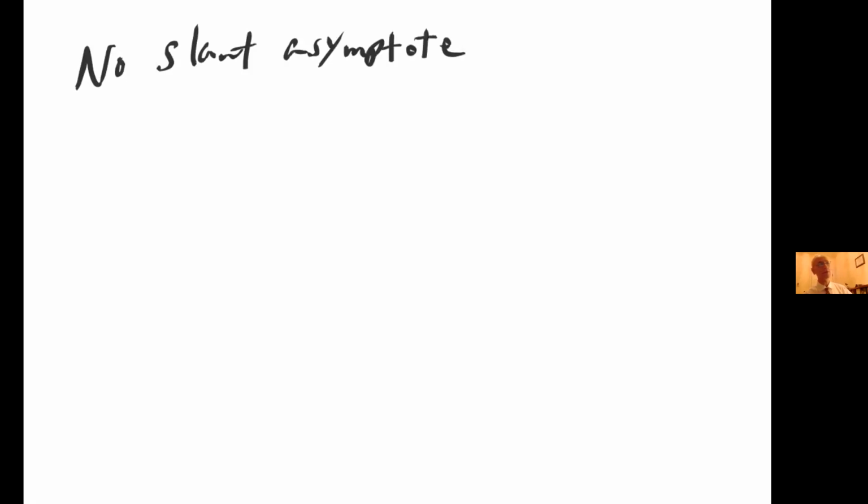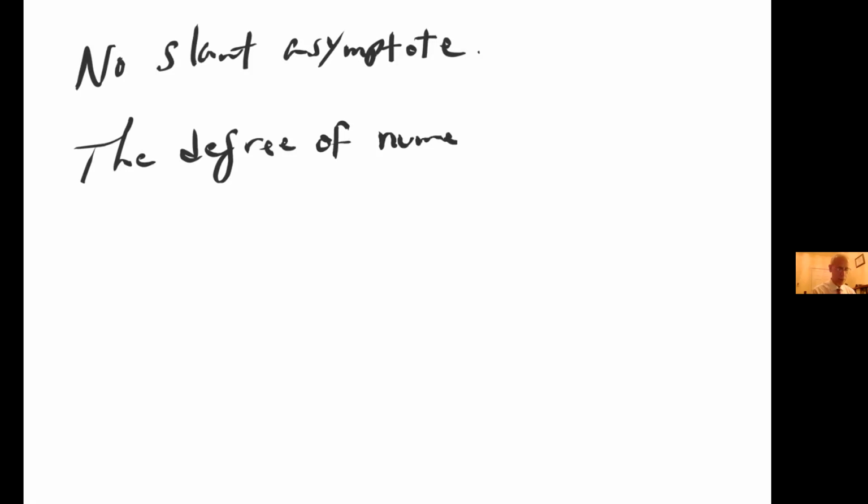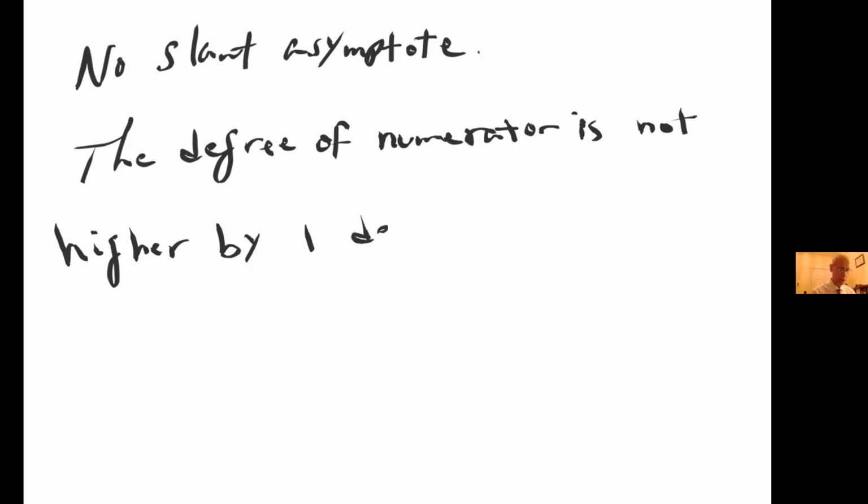If you want to be fastidious about it, you can say that the degree of the numerator is not higher by 1 degree. Okay. So now what's left here is domain, range, and graph.